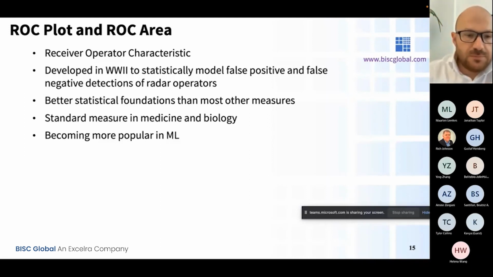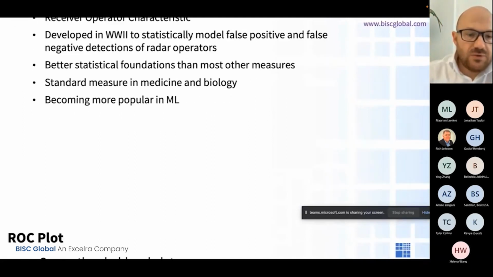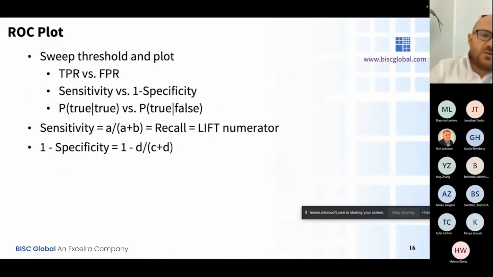So let's have a look at some examples. It's a plot which shows the true positive rate versus the false positive rate. It can be expressed in terms of sensitivity versus specificity, and in terms of probability. Here you see that sensitivity is the same as recall, and across different applications sometimes you see recall and sometimes sensitivity.